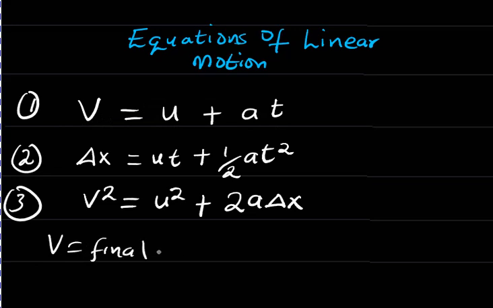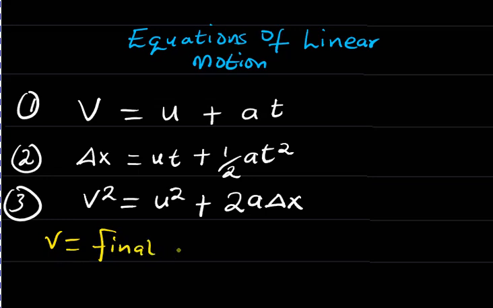Now, in some textbooks, I'm very sure that your lecturer possibly uses VF, V subscript F, as final velocity, or V2, but I'm just going to use V for final velocity.